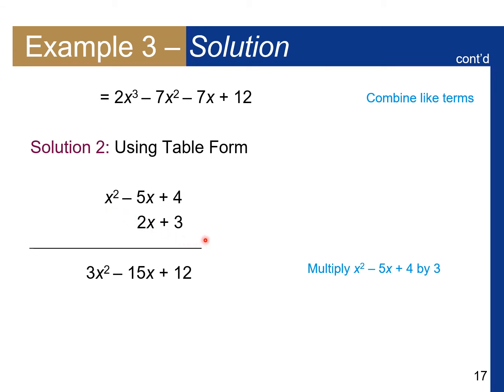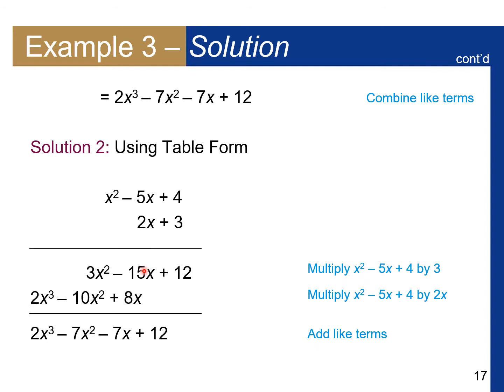So 3 times 4, 3 times negative 5x, and 3 times x squared. And then in the second row, you're going to start underneath where that term is, and you're multiplying 2x by everything. And then you have 2x cubed minus 7x squared minus 7x plus 12. So either way is okay, whatever way you like.